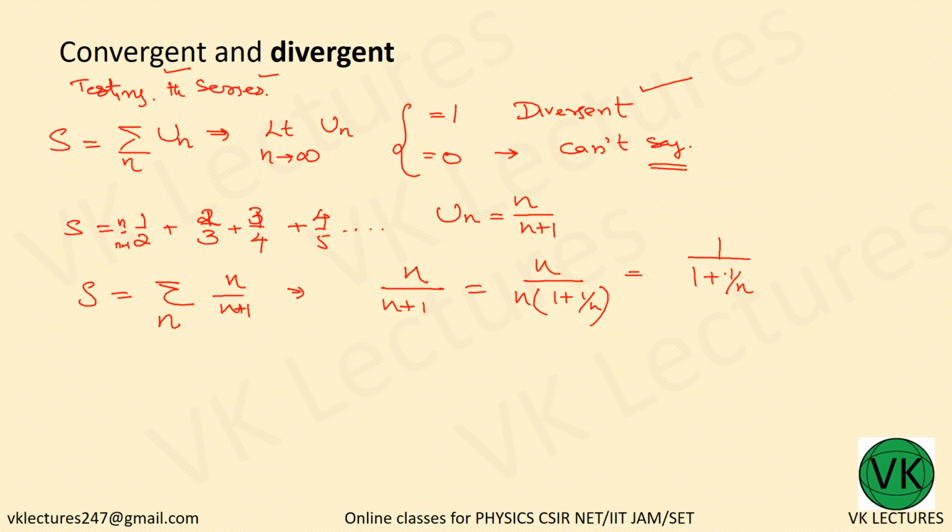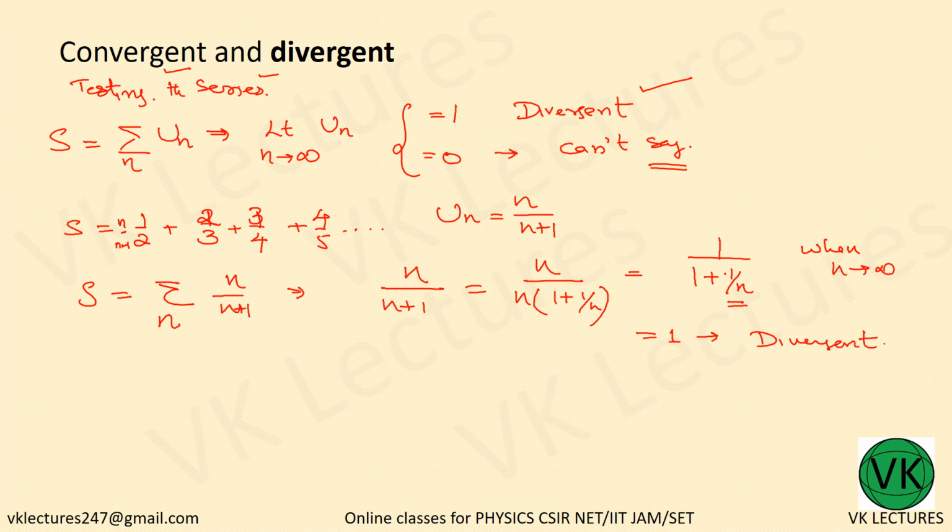Now when n tends to infinity, what will happen to this value? This particular value will go to 0, and 1 by 1 will remain as equal to 1. So this is equal to 1. We can say that it is divergent. This is how we can do this.